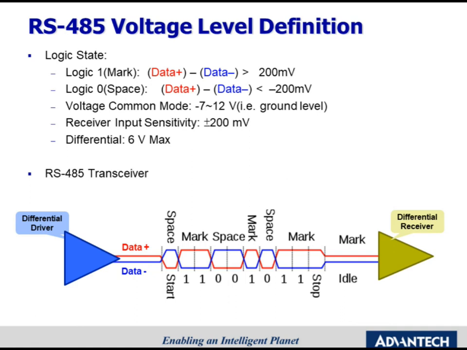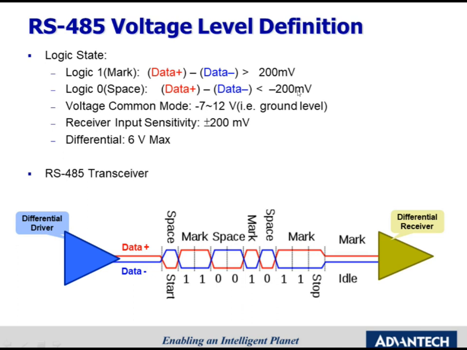The voltage level definition in RS-485 are shown below. If the voltage difference between data plus and data minus is bigger than 200 mV, it is logic 1. And if the difference is smaller than minus 200 mV, it is logic 0.